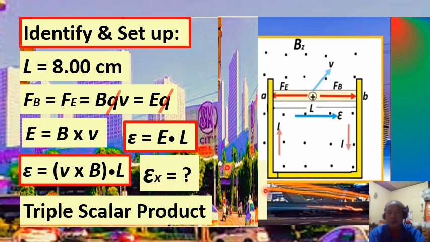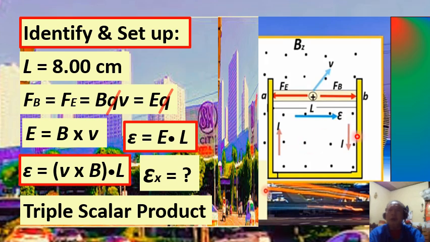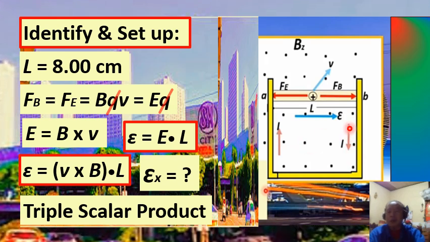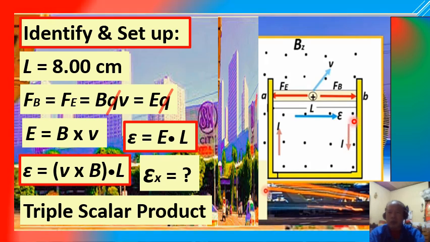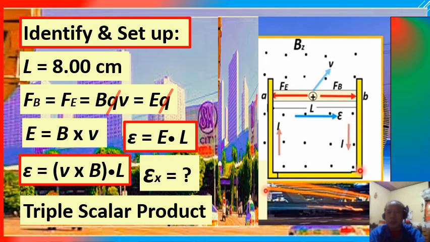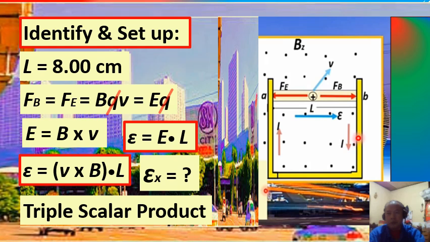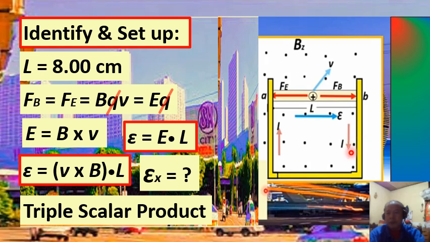All right? So also included in our illustration is the direction of the conventional current along the external U-shaped conductor, right? Represented by the red arrow.